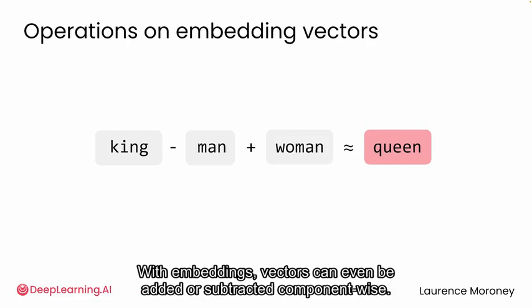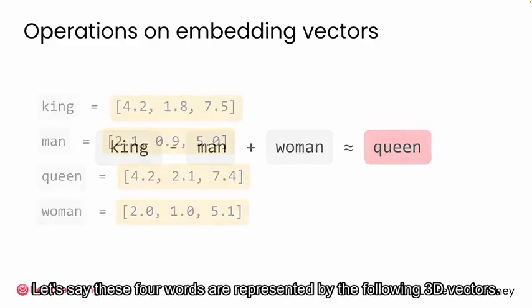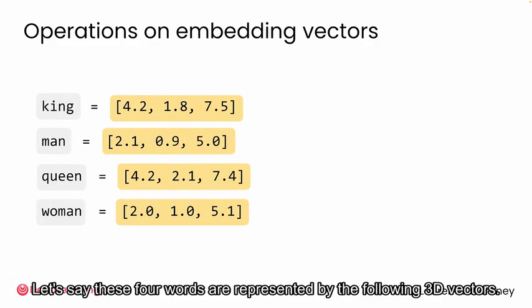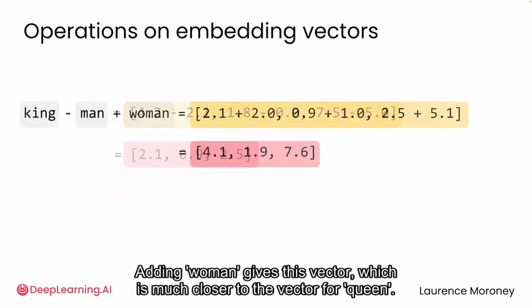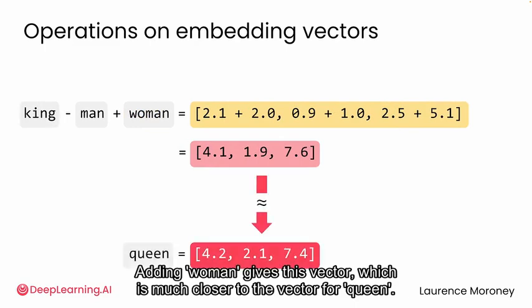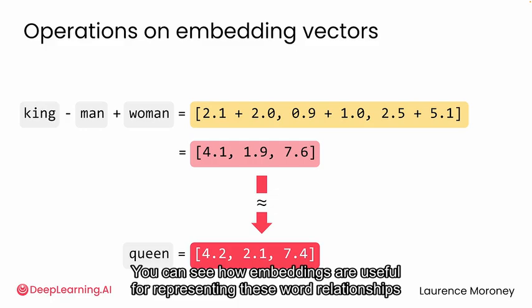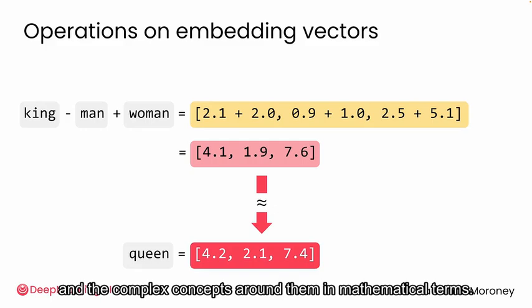With embeddings, vectors can even be added or subtracted component-wise. Let's say these 4 words are represented by the following 3D vectors. King minus man would result in this vector. Adding woman gives this vector, which is much closer to the vector for queen.